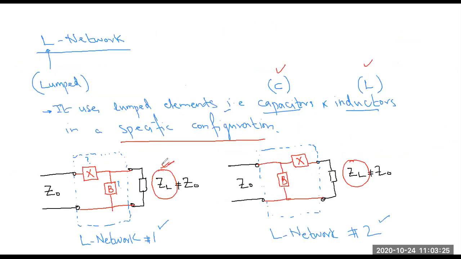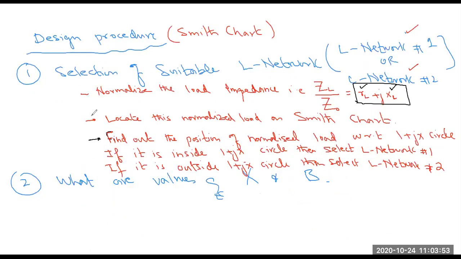If this load is inside the 1 plus jx circle, then you are going to match your circuit with the help of this configuration. And if this load is outside of the 1 plus jx circle, then you need to use L network number 2, which consists of this type of configuration. So this is how you will be able to decide about the selection of suitable L network.